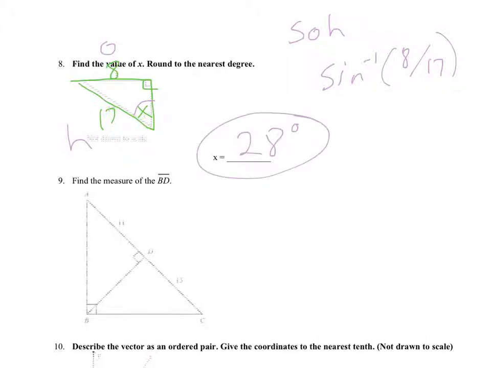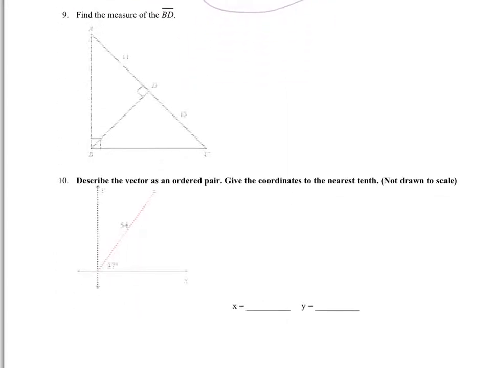Okay, next one. Here we have a triangle. Notice that it has an altitude here, and this is actually a geometric mean question. We're looking for the length of this altitude.